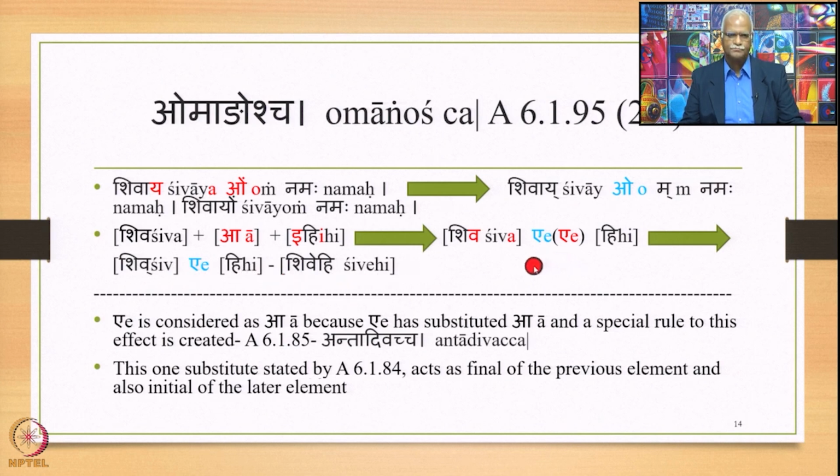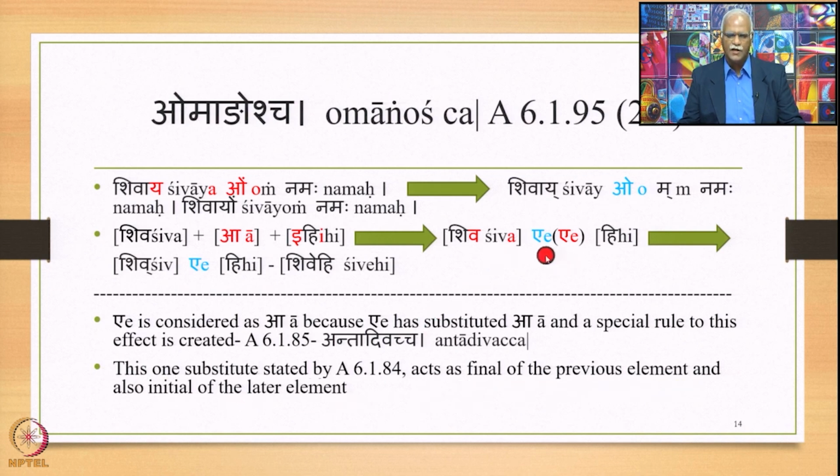This A is considered as A because A has substituted A, and a special rule to this effect is created, namely Antadivaccha. What it means is that this one substitute stated by 6184 acts as final of the previous element and also initial of the latter element.